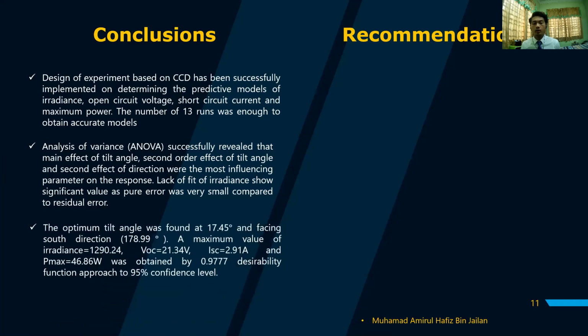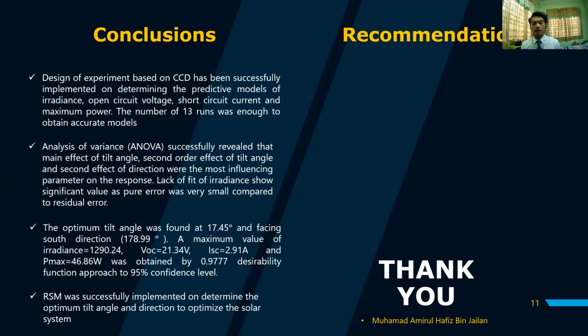And the lack of fit of irradiance shows a significant value as the pure error was very small compared to the residual error. Also, the optimal angle from the RSM was found at 17.45 facing south, where all the responses were obtained with the 0.97 desirability function at 95% confidence level.